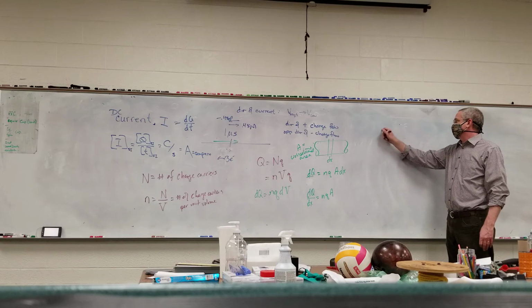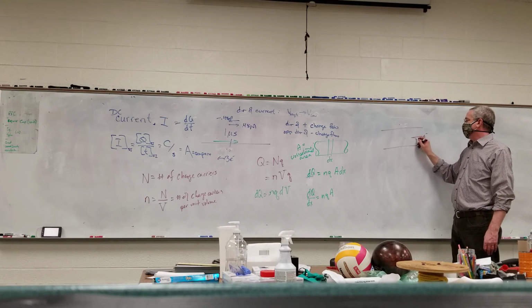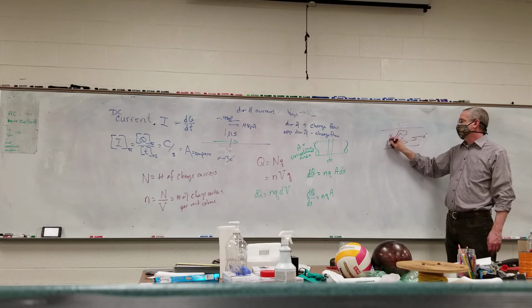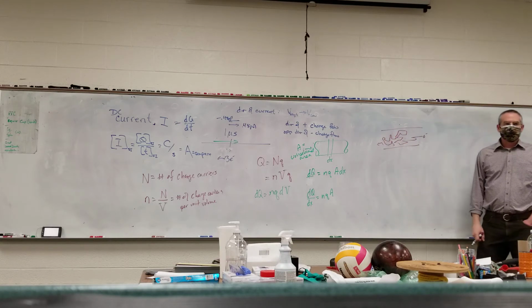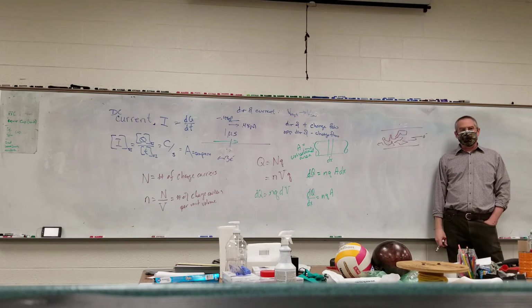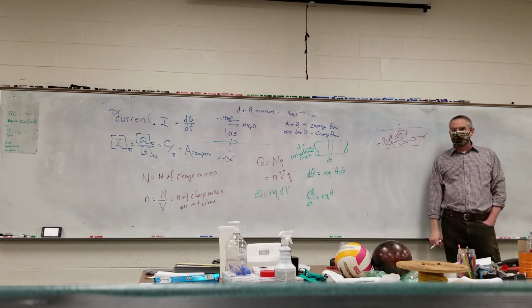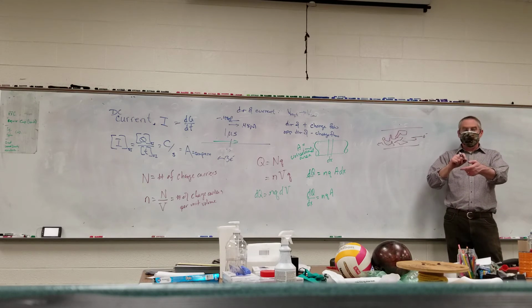So I have an electron. If this is my wire right here, an electron flowing this way is going to hit something and bounce. It's going to hit something, bounce. Maybe hit something there, bounce. One of the reasons why it takes a while for a single electron to make it through a circuit, it doesn't take long for, in essence, the holes to travel.